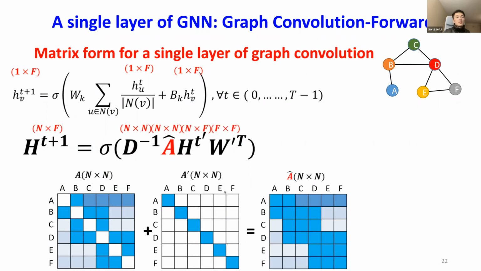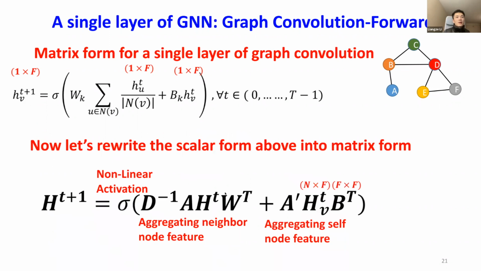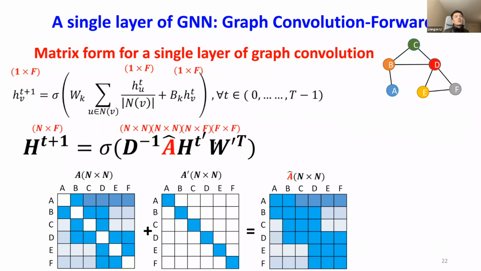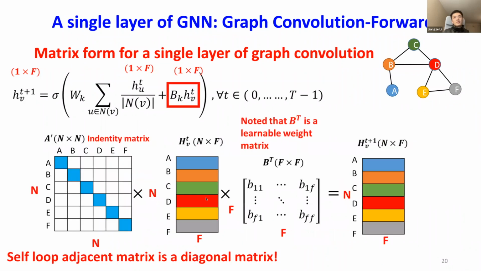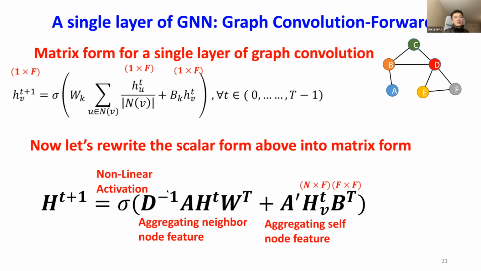And with the same setting in mind, we can also aggregate the two different weight matrices together because their shapes also match, right? So we call that W prime, and the H^t really is not that much different across these two components, and the D^-1 is just a regular constant matrix.